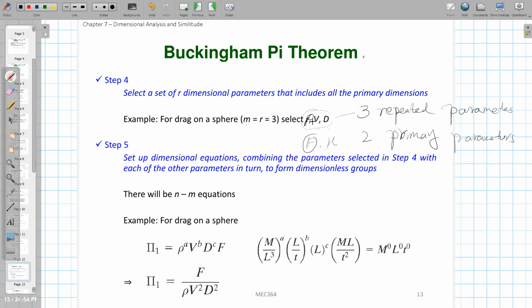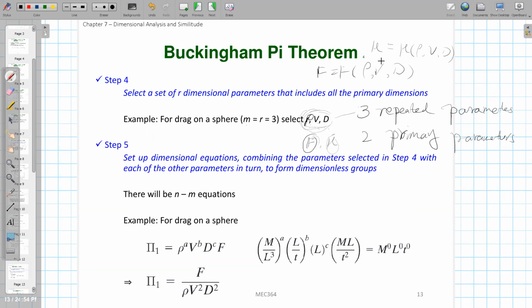It already contains length, mass, and time. And this f is also from those fundamental dimensions, right? So we know that f can be written as a function of these 3. Similarly, mu can be written as a function of these 3. In other words, f can be written as a function of rho, v, d, and mu can be written as a function of rho, v, d, right?